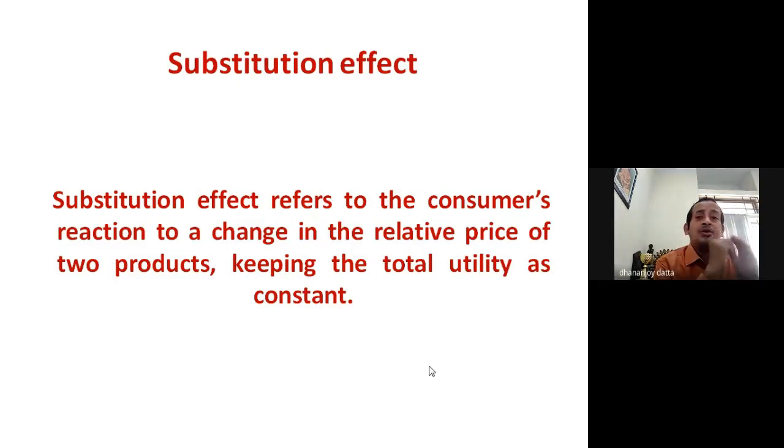Now for example, just assume that there are 3 brands of cold drinks. In the market you can see lots of cold drink brands, like Coca-Cola, Pepsi, Sprite, Mirinda. So we are assuming that in the market there are 3 types of cold drinks, A, B and C. These are related products.